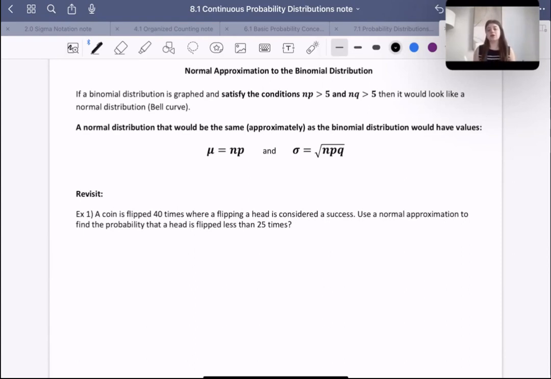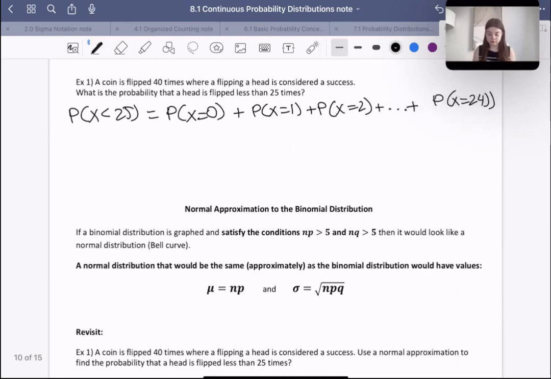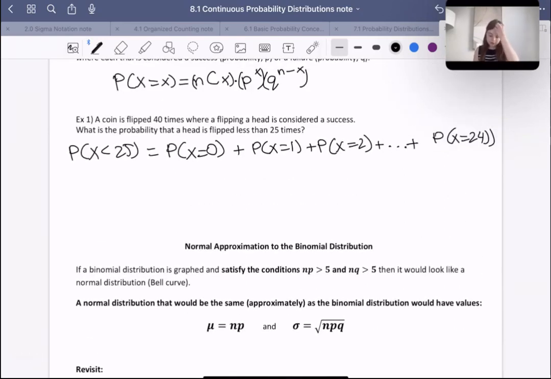How do we know that we can use this normal approximation method for a binomial? We check whether n times p is greater than 5 and n times q is greater than 5. In this situation, we can use it, because p is a half. Remember, p is the probability of one success, and a success is flipping a heads, and there's a 50-50 chance of heads versus tails. And n is 40.